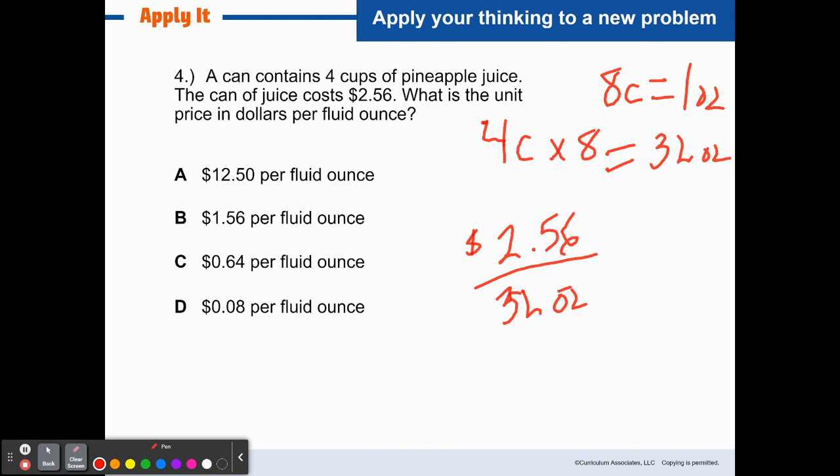So we want to divide that. Division is a fluency standard. I would like for you to try that one out on your own and then come back to the video. But you're going to take $2.56 and divide it by 32.